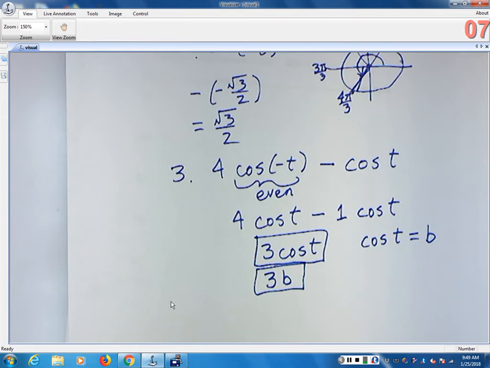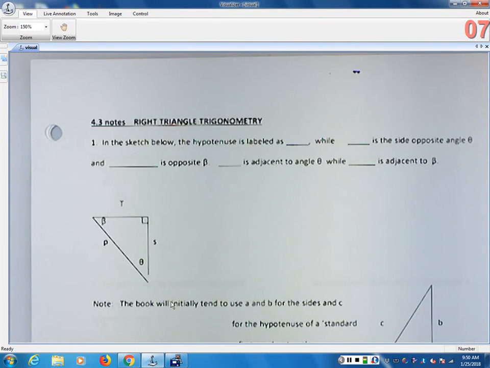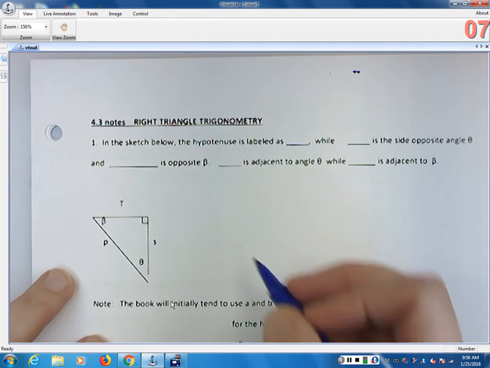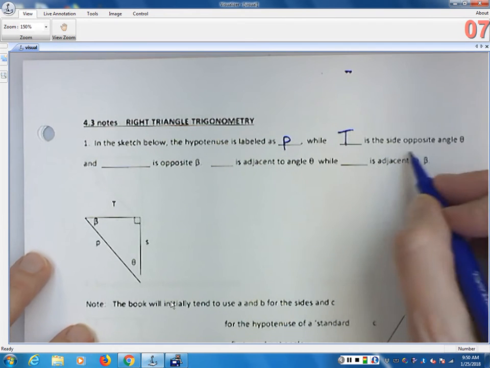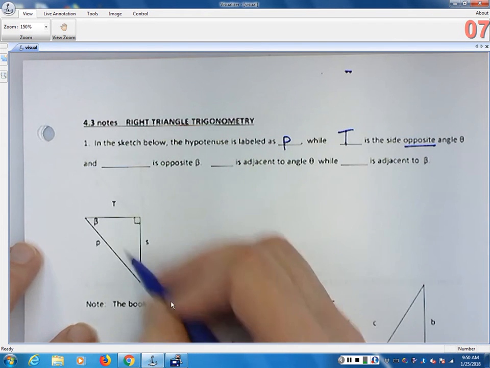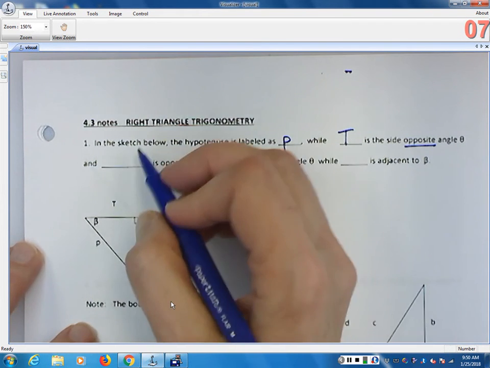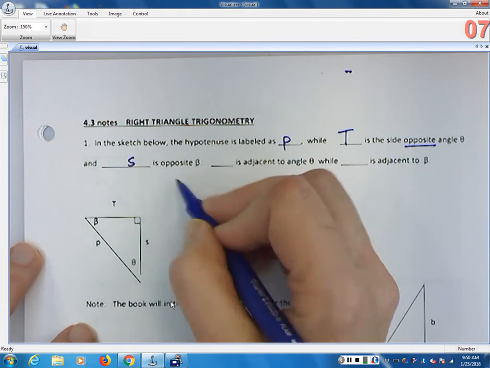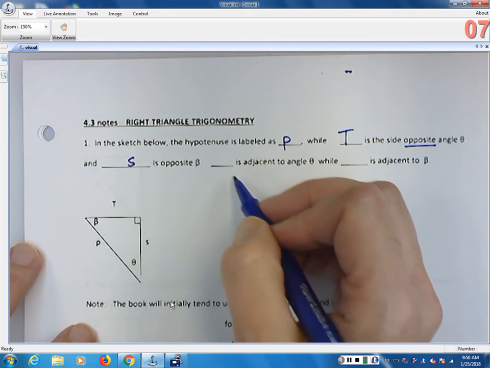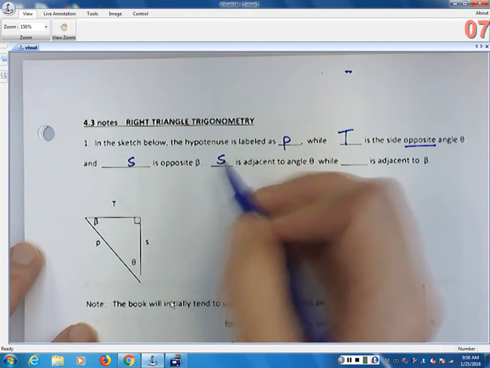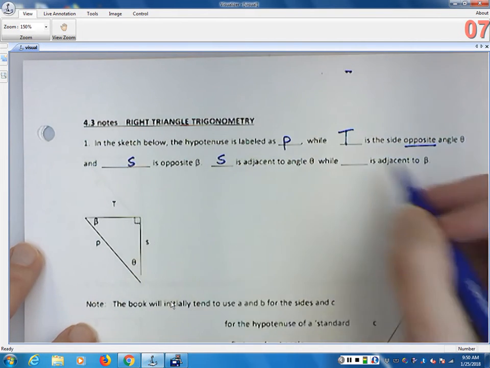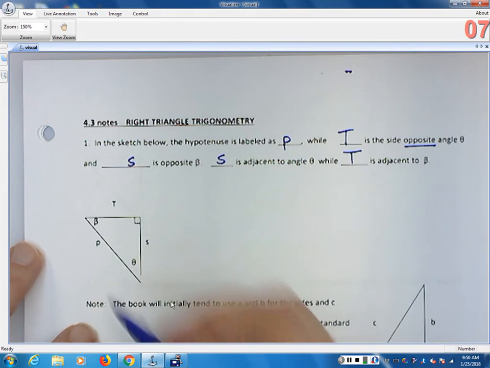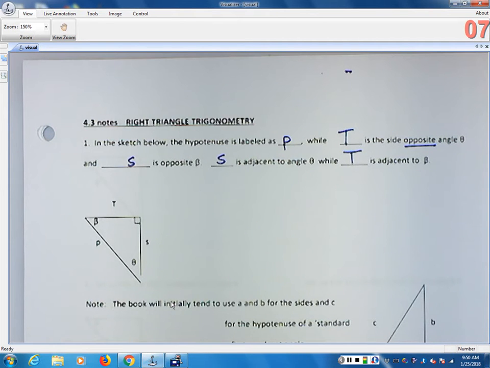In the sketch below, the hypotenuse is labeled as P, while T is the side opposite the angle theta, and S is opposite beta. S is adjacent to theta, while T is adjacent to beta. We need to memorize this.